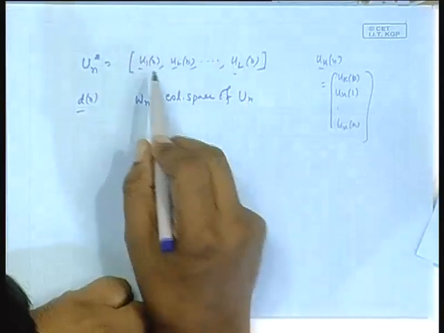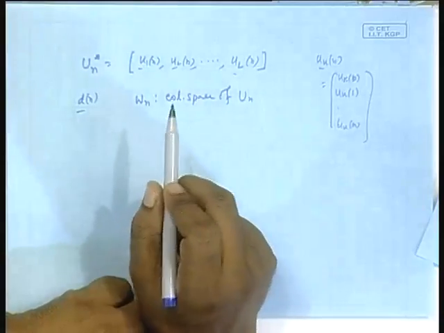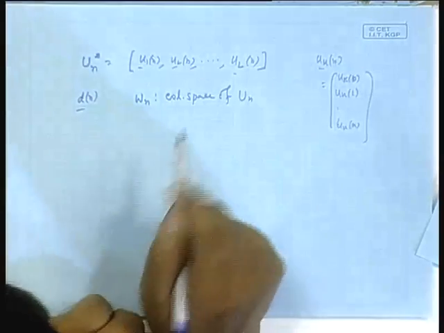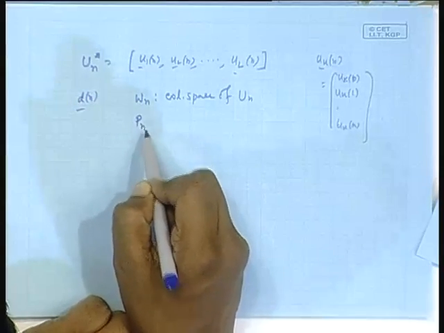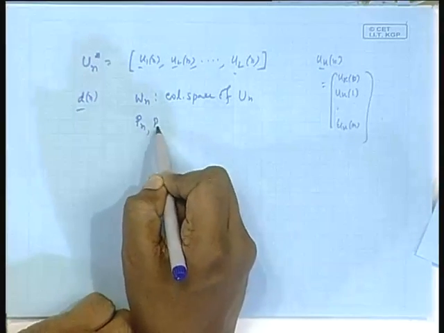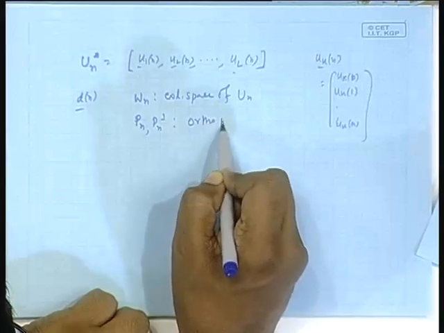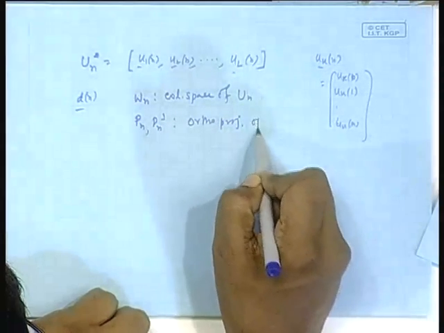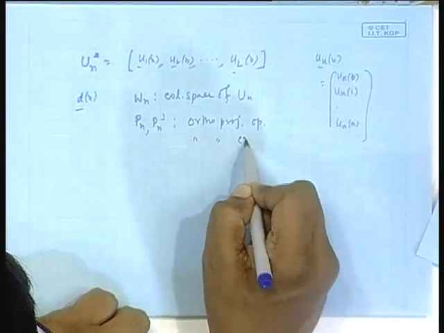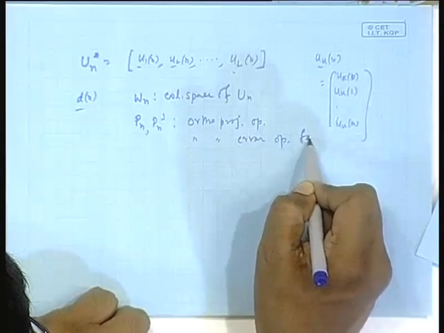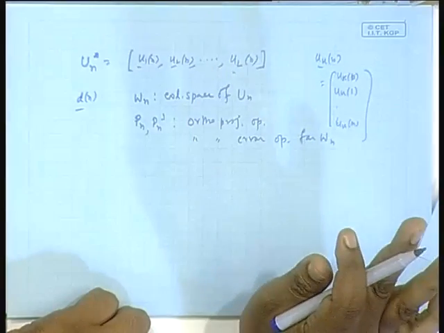That is simple, that is the space spanned by these columns. Instead of writing span of these vectors, I will say column space spanned by this. Corresponding P n perpendicular, the orthogonal projection operator and orthoprojection error operator for W n, fine.